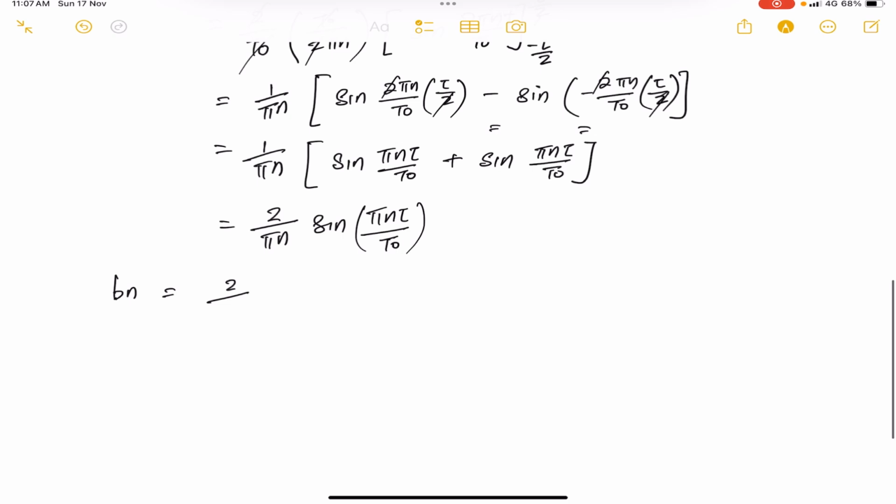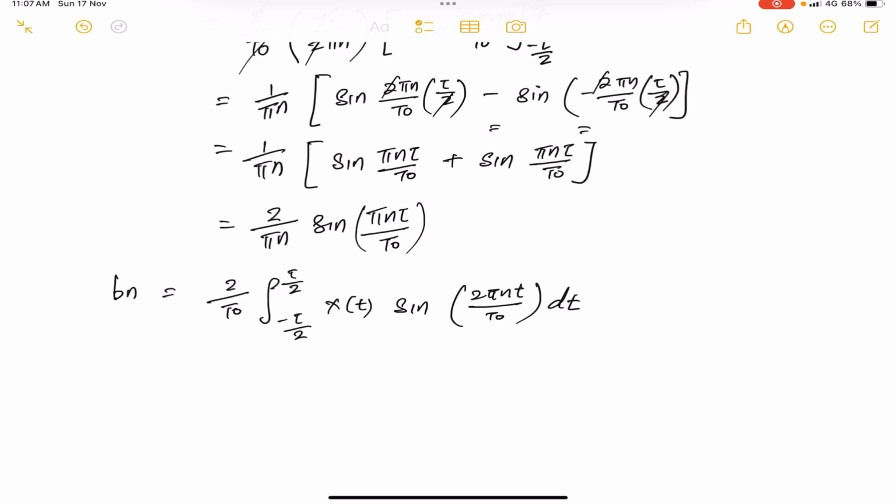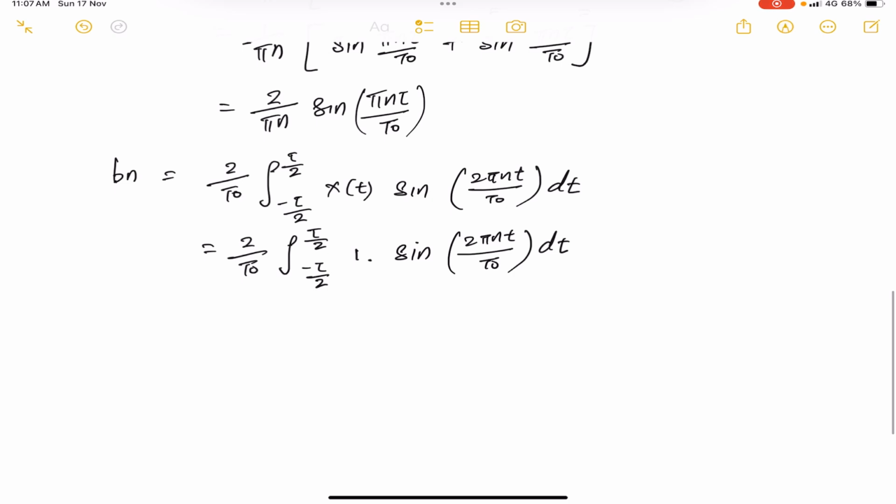The bn formula is 2 over T0 integration from negative tau over 2 to tau over 2 of x(t) sine 2 pi nt over T0 dt. Again you substitute the x(t) with 1. So integrate sine, what do you get?